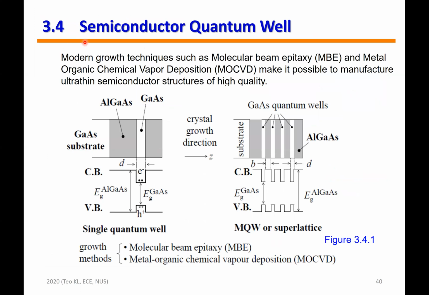For the next section, let us discuss the semiconductor quantum well. Modern growth techniques such as molecular beam epitaxy or metal organic chemical vapor deposition make it possible to manufacture ultra-thin semiconductor structures of high quality.